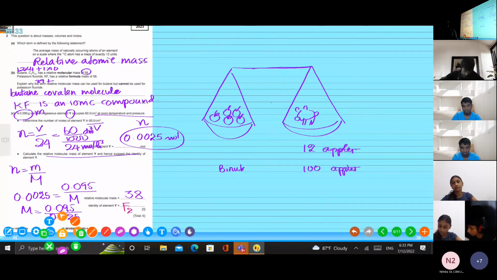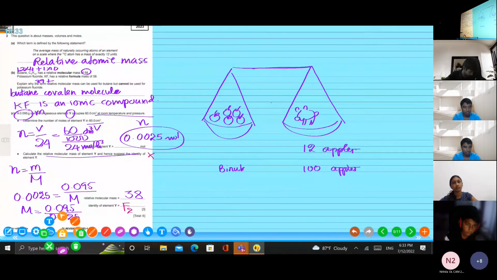So you get error carried forward, by the way. If this is wrong, if you didn't use this dm cubed, but you get the mark here.